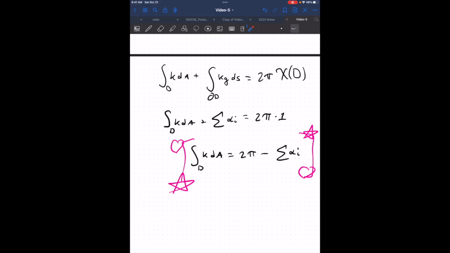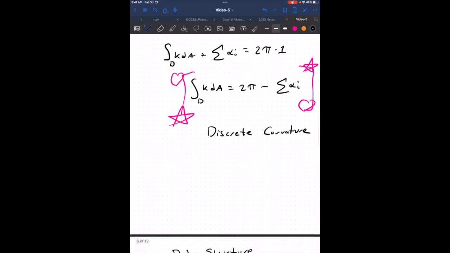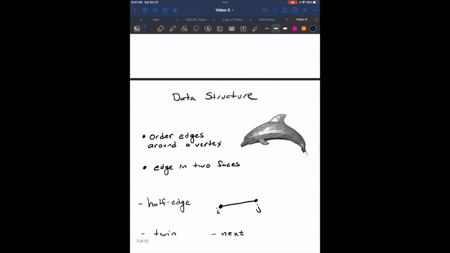So this is a nice formula for discrete curvature. So the Gauss-Bonnet theorem gives us a way to define discrete curvature. There are other ways, and they'll agree with this, but this is maybe the most direct, so I really like this application. Okay, so let's put this to work in simplifying some of our surfaces so that our algorithms run faster.